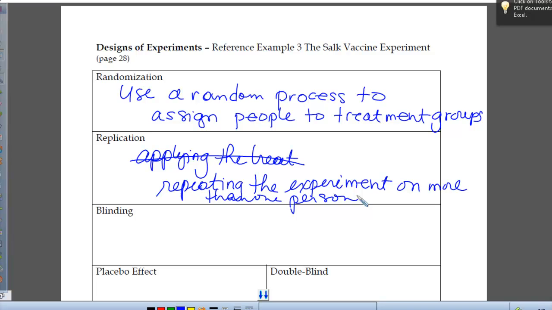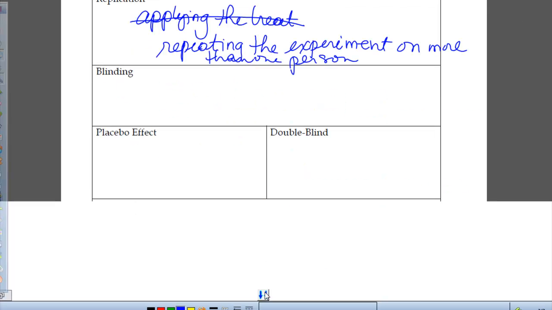Blinding. Blinding happens a lot in experiments where the subject doesn't know which treatment they've received. And we kind of count placebo as a treatment.